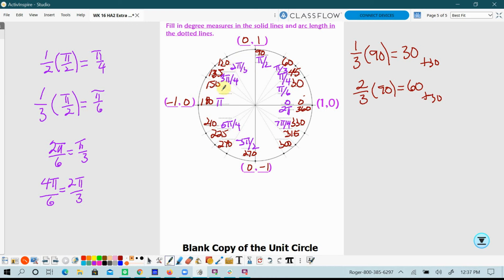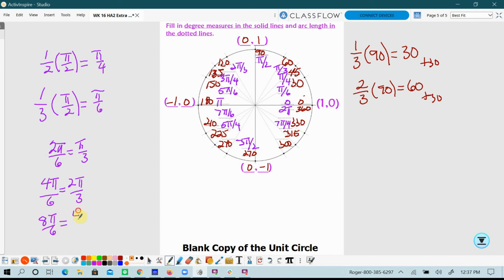Then this would be 5 pi over 6. Still counting in sixths, 6 pi over 6 here at 210, 7 pi over 6. At 240 is 8 pi over 6.